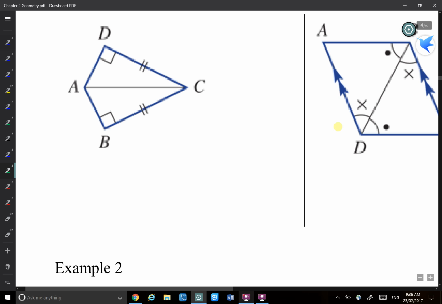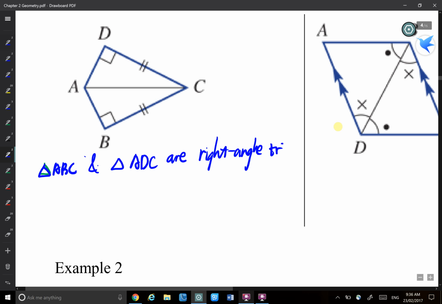We have right angle triangles. Triangle ABC and triangle ADC are right angle triangles.